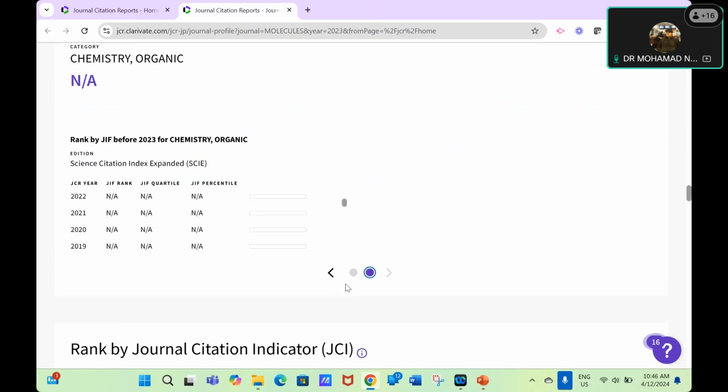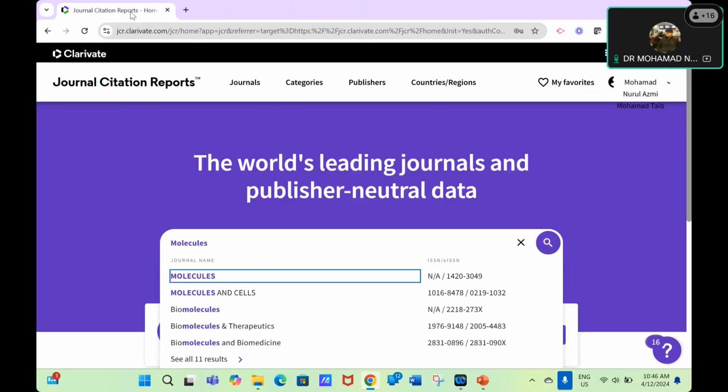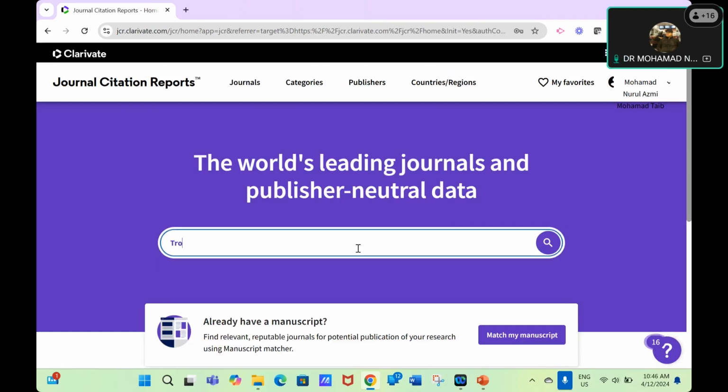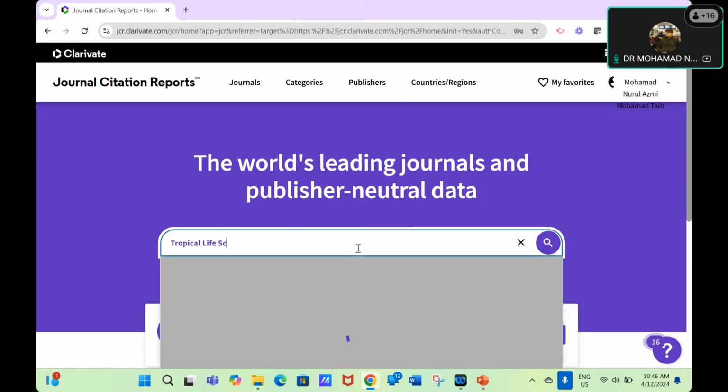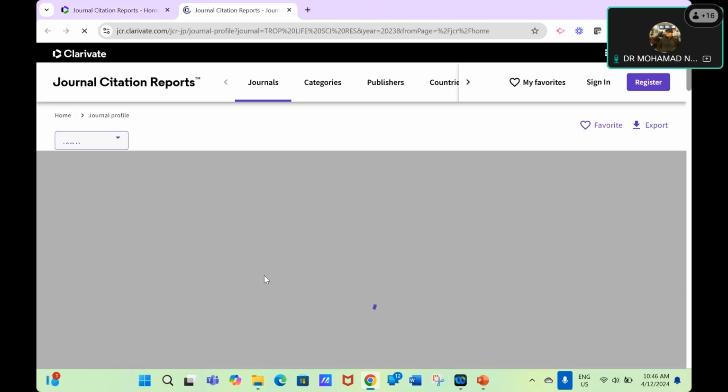Okay, for example, I have a publication recently with USM, Tropical Life Sciences Research. This belongs to USM. Previously it was in Scopus, and recently I believe it is in ISI.